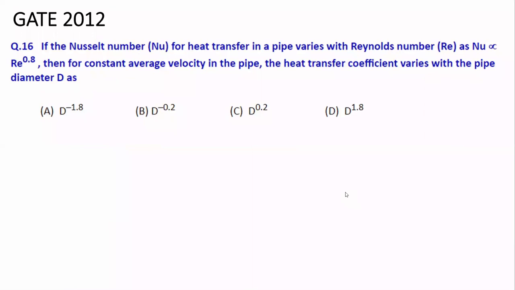Again, this problem is from GATE 2012, and the problem is related this time with the Nusselt number and Reynolds number. If Nusselt number for heat transfer in pipe varies with Reynolds number as Nusselt number proportional to Re to the power 0.8, then for constant average velocity in the pipe, the HTC varies with the pipe diameter as what?